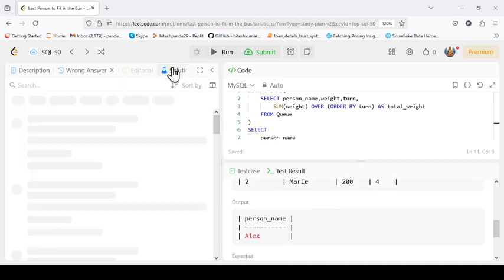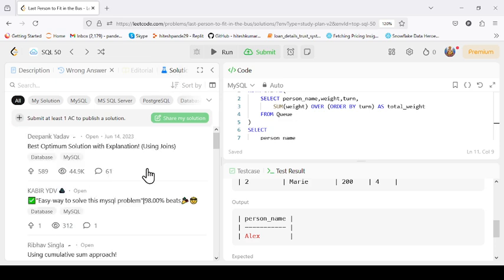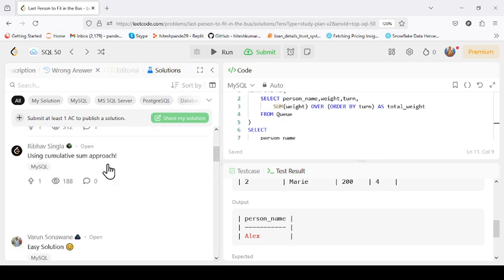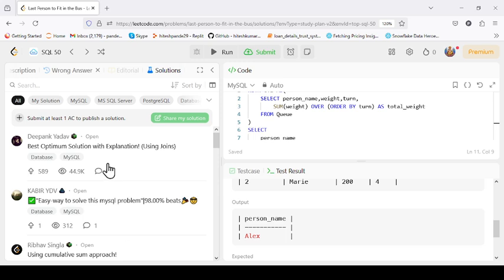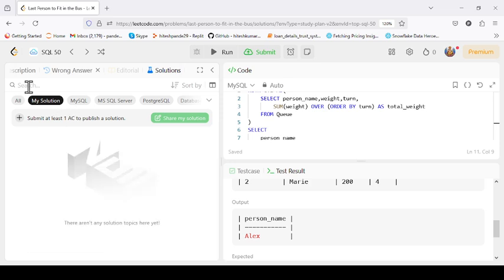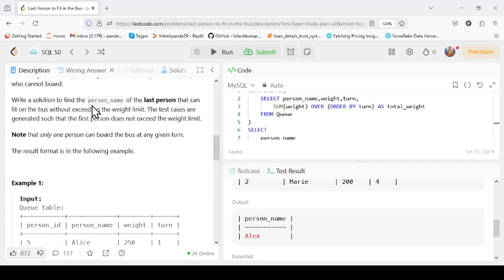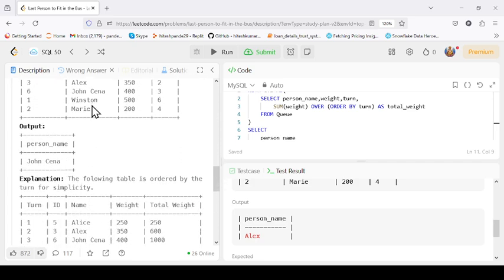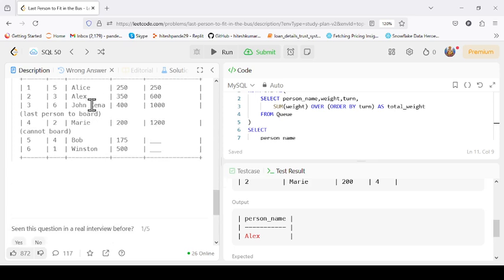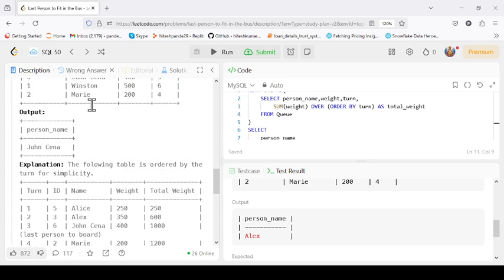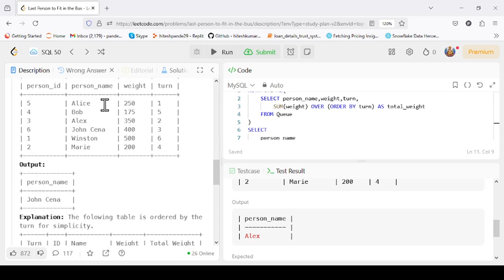Somewhere the problem is there. We are using the cumulative approach here, the cumulative sum. How are they showing it? 250.